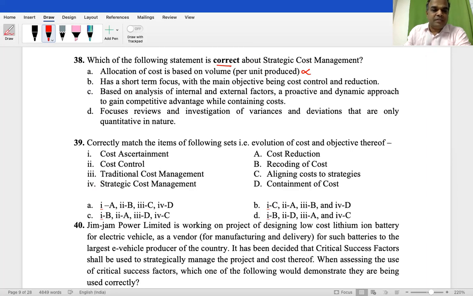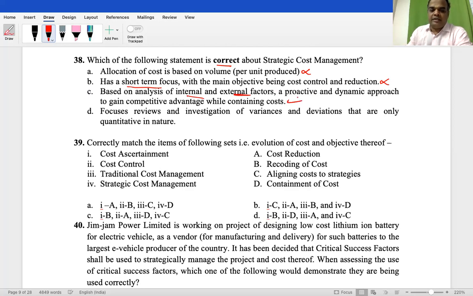Option D has a short-term focus with the main objective being cost control and reduction. But strategic cost management is a long-term focus. Am I right? Yes, sir. So the second one is also not correct. Option C, based on analysis of internal and external factors, a proactive and dynamic approach to gain competitive advantage while containing costs.